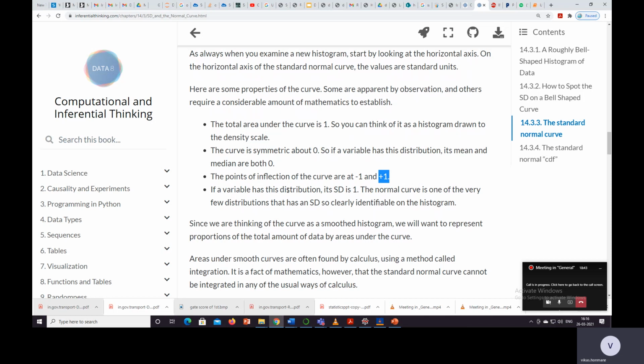Then if a variable has this distribution, its standard deviation is 1, and the normal curve is one of the very few distributions that has an SD so clearly identifiable on the histogram. So whenever we use this standard normal curve, the standard deviation is clearly identifiable on the histogram.